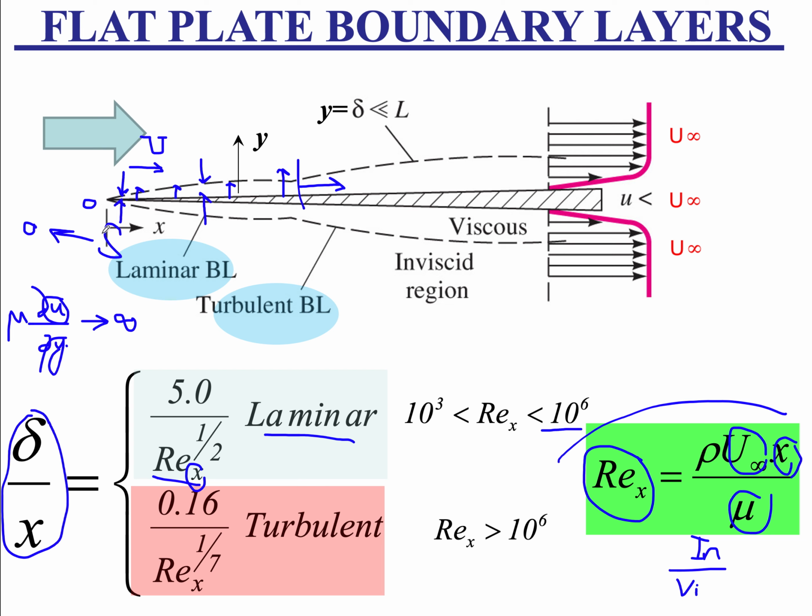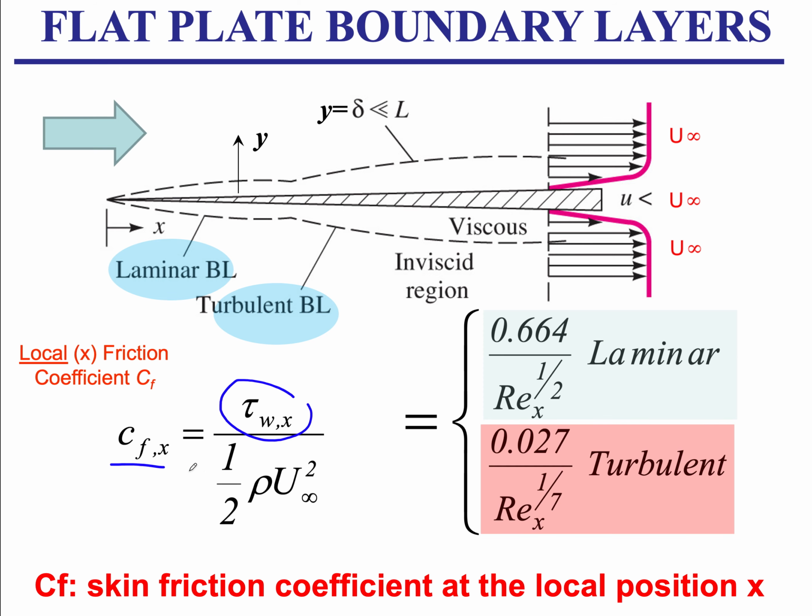Or there is the Reynolds number based on the plate itself. The whole plate has a length L from the leading edge, and then this is going to be Re L, the Reynolds number of the full length plate. And same thing with the wall shear stress.